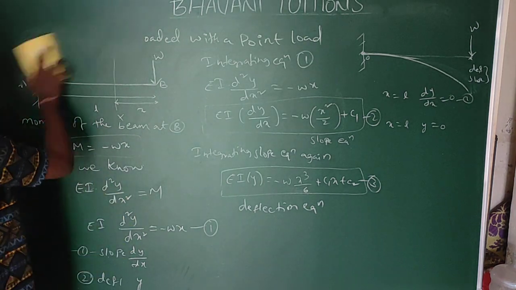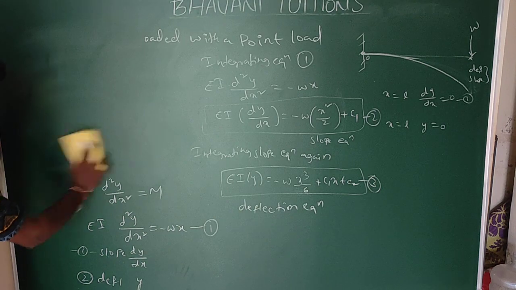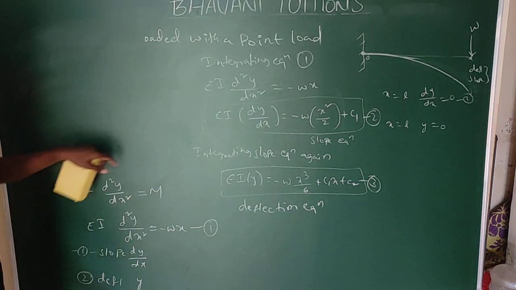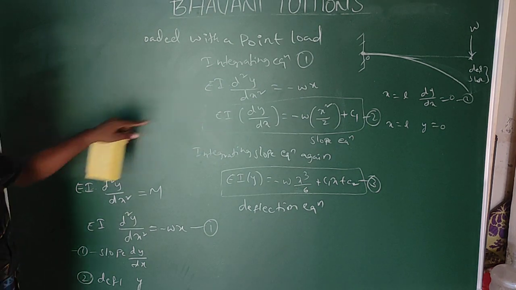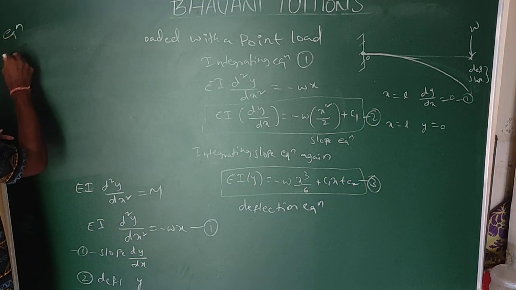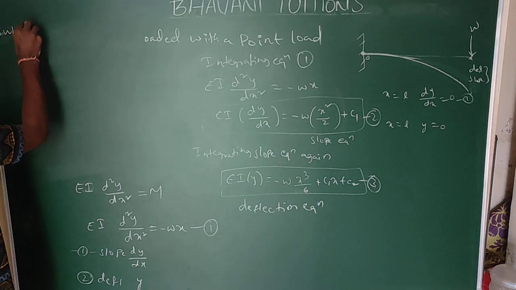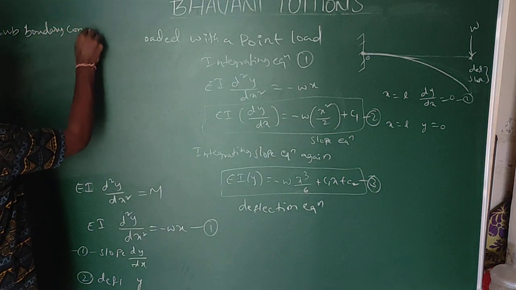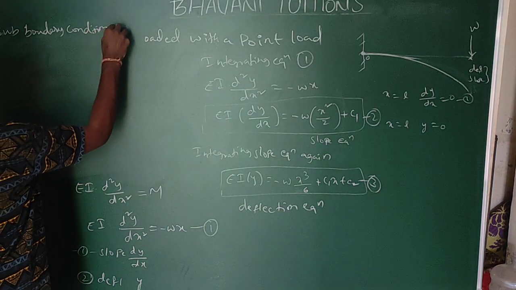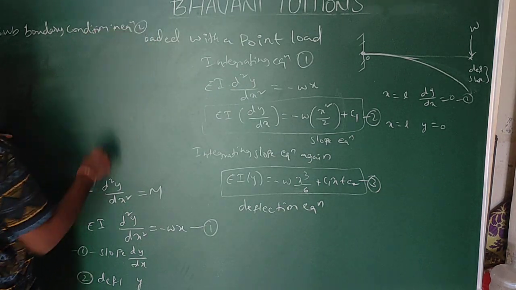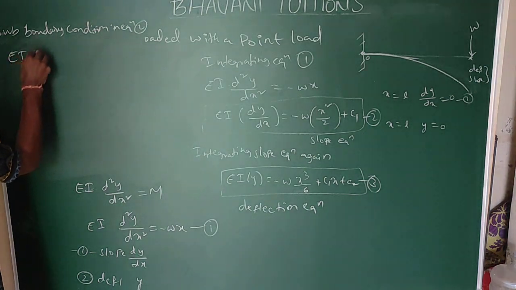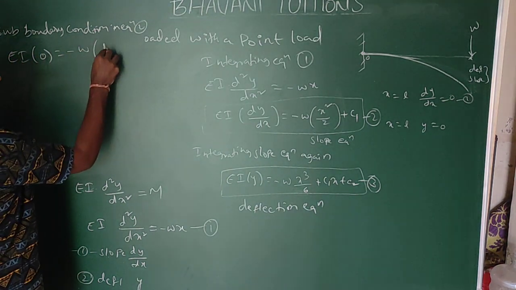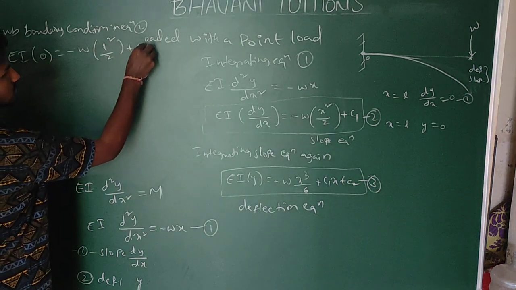Now substitute the boundary condition x is equal to L in equation 2. What will we get? EI into 0 is equal to minus W L square by 2 plus C1.